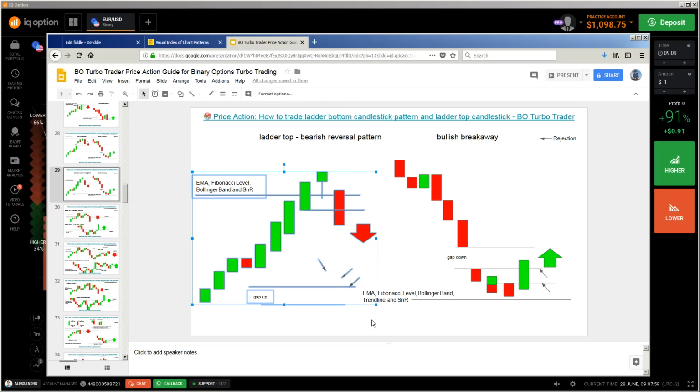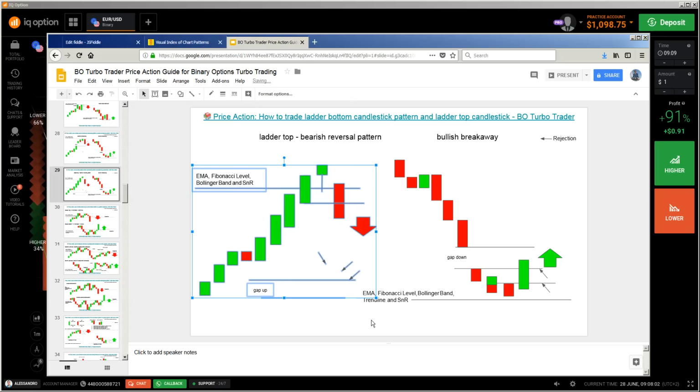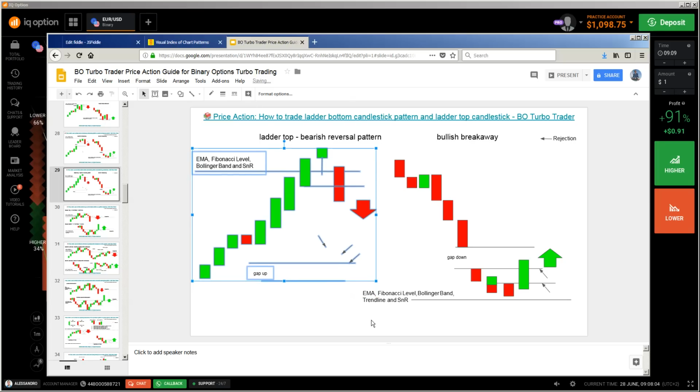So important here is that we have a gap down, and that we have here a bullish hammer. That is why traders are tricked.